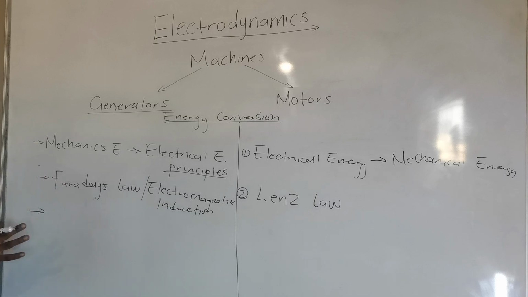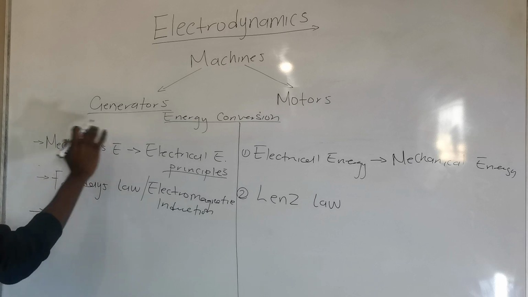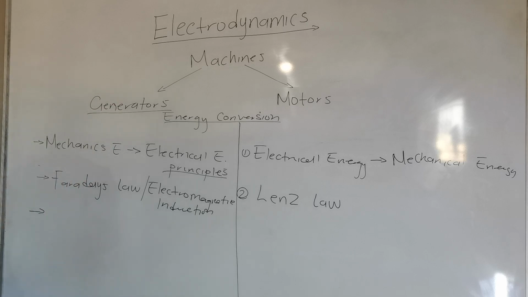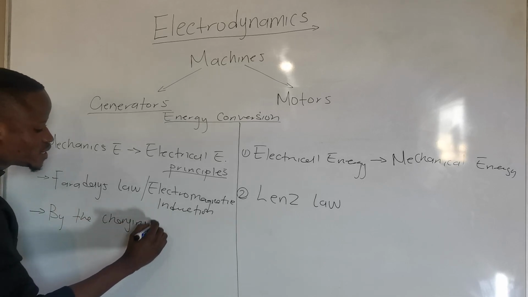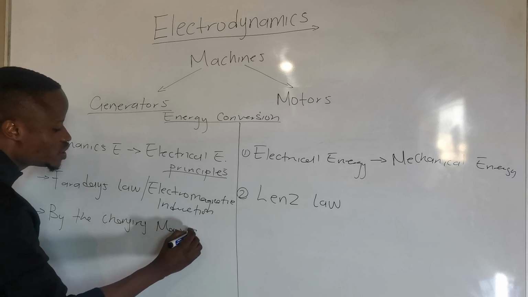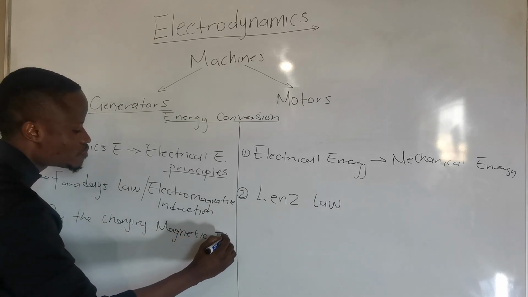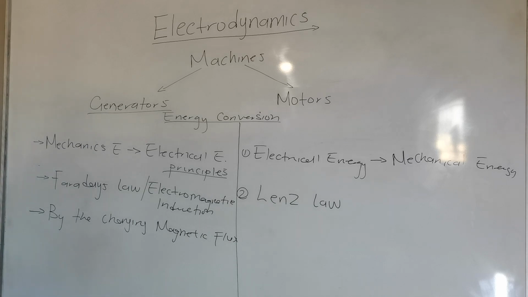So now, what we need to know here is the third part. They are going to ask you, how do the generators produce electricity? How is this producing the electrical current? That question, I like it so much because we know that it produces by the changing magnetic flux.